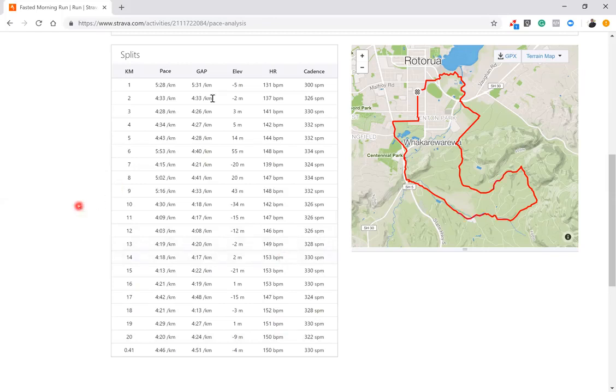The other thing you can look at, if you do have a fancy Stryd power meter, which I have, so no, I'm not running at 300 steps per minute. This is actually 300 watts from my Stryd footpod power meter. If you're running on the trails, this can be really good to see how consistent you are or what your effort output is.